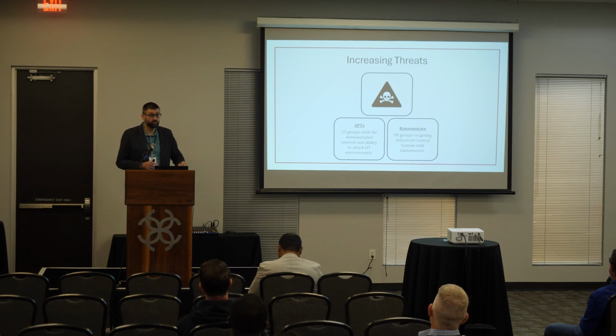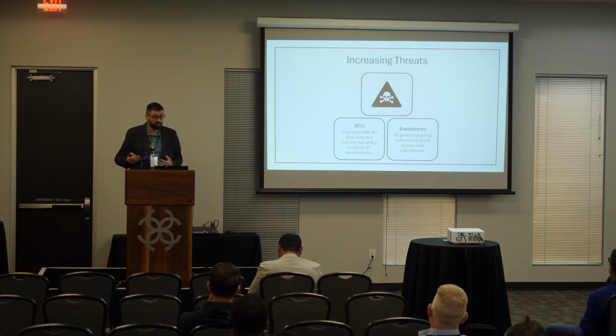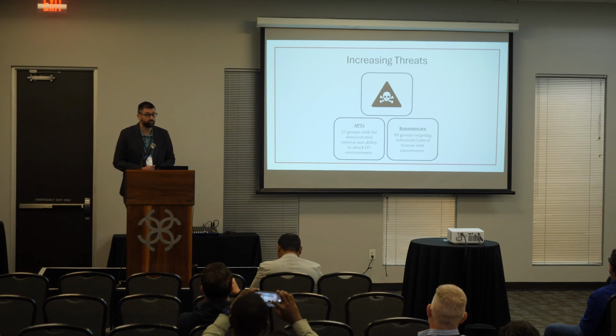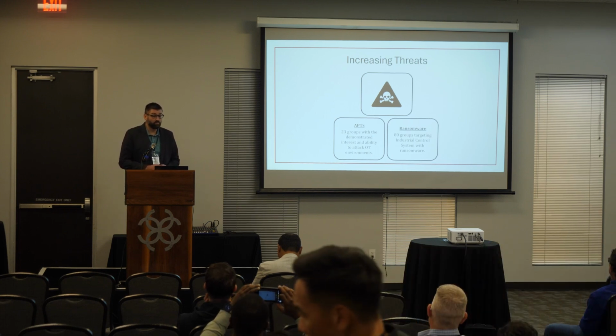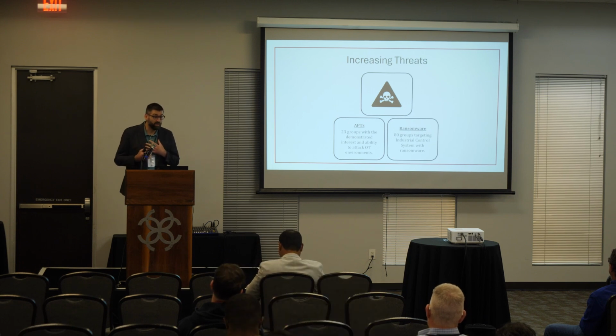Of those 23 groups, there's probably a handful that target your specific sector. Being in the water sector, I know there's a few groups of those 23 that target water specifically. I need to protect against those groups. That number has gone up every single year. I would bet money it's probably going to go up next year and the year after.